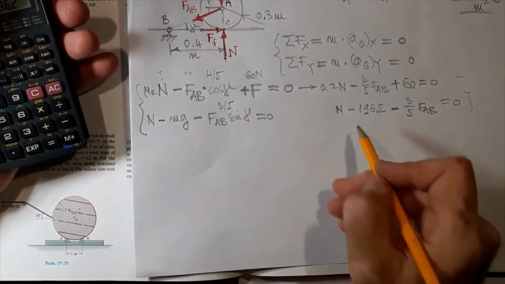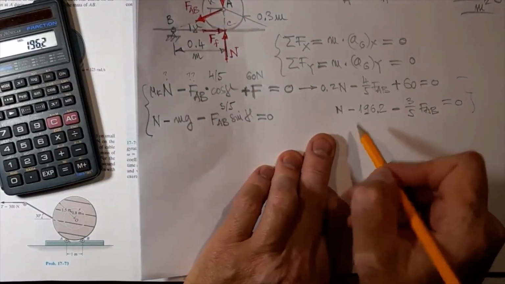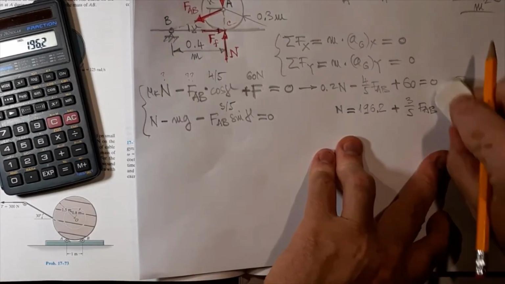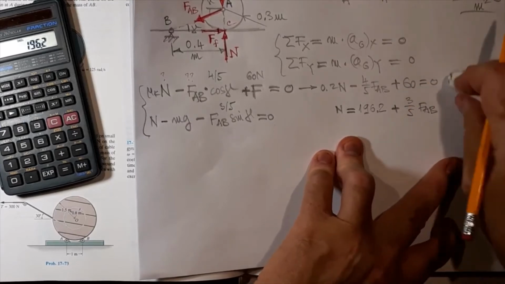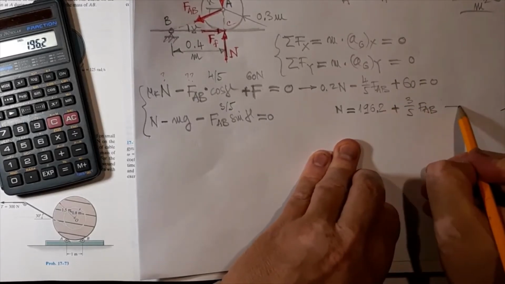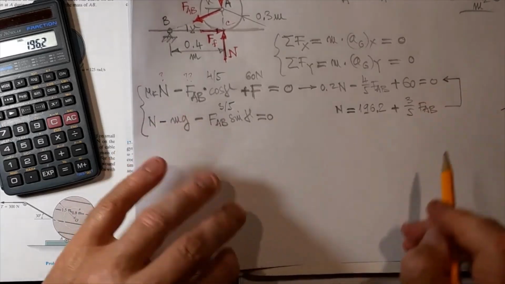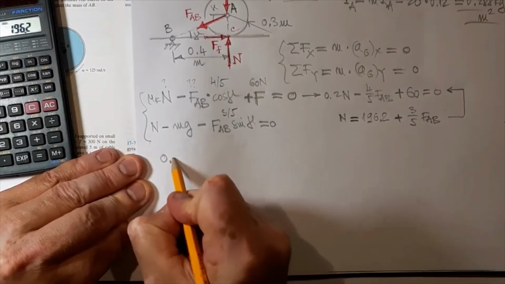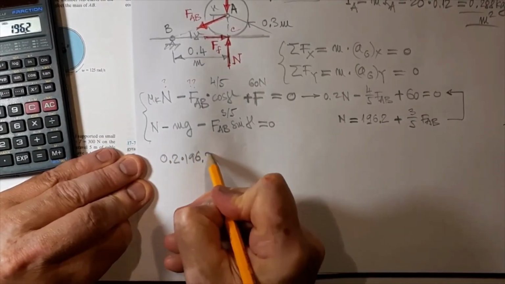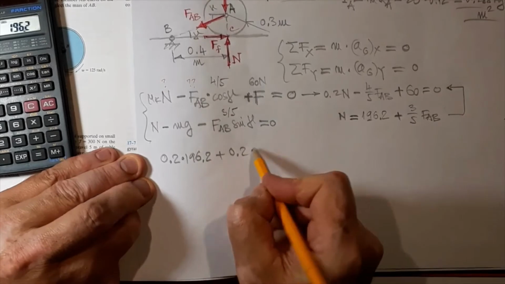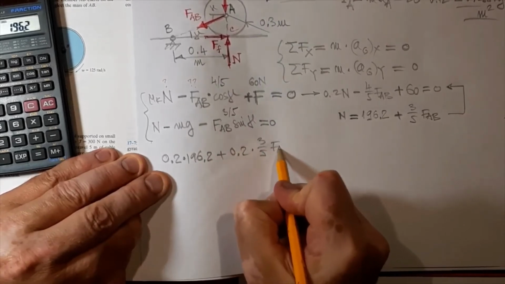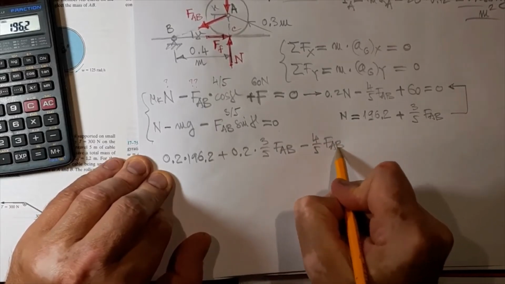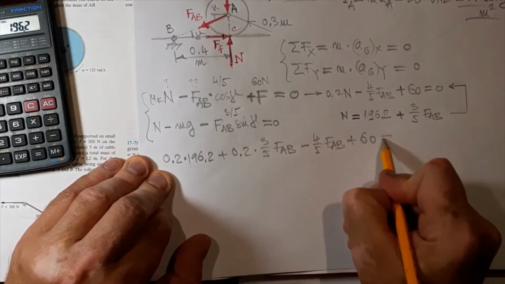We can solve for N from the second equation. So I'm going to change this to an equal sign, I make this plus, I erase the equals 0 part. And I'm going to substitute N in the first equation. So the first equation becomes 0.2 times 196.2 plus 0.2 times 3 over 5 FAB, the only unknown left, minus 4 over 5 FAB plus 60 equals 0.